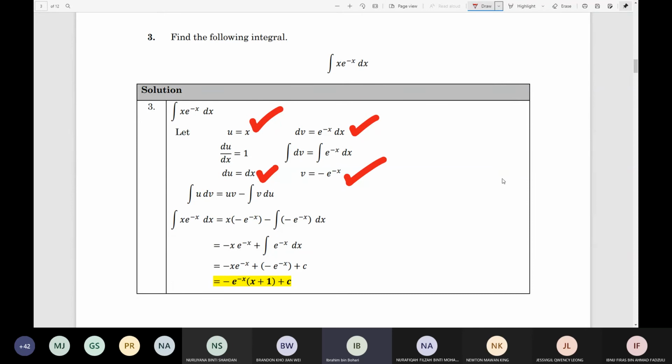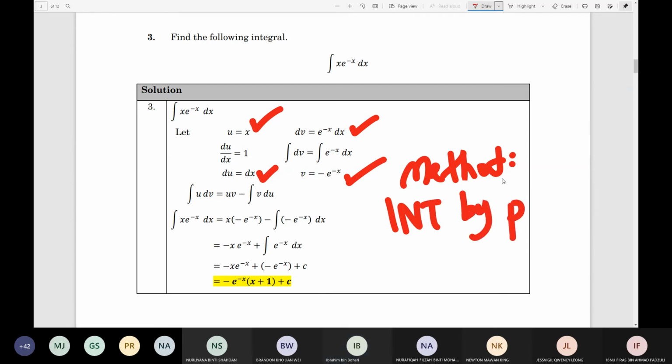Okay. Dan selebihnya you punya integration by parts. Method dia sama saja. Method ini sama saja sebenarnya, integration by part. Kita just tukar dia punya function saja, ya. Okay, settle. Question 2 and question 3.